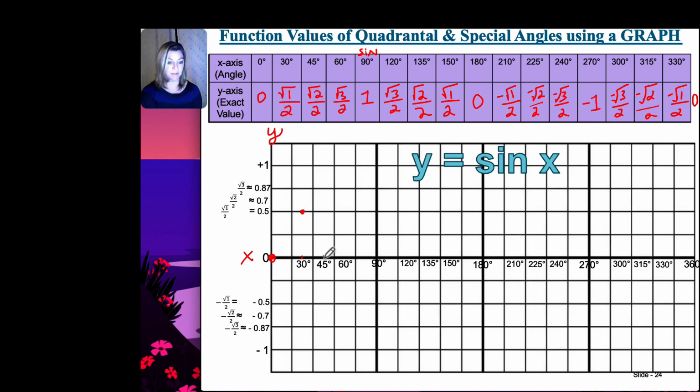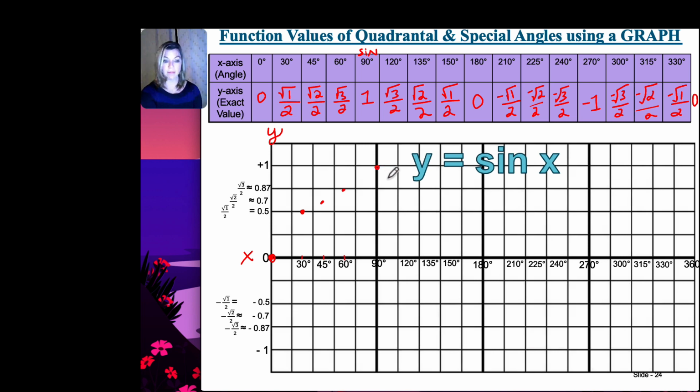Next is 45 degrees. Value is radical 2 over 2, which is approximately 0.7. Next special angle, 60 degrees, has a value of radical 3 over 2, which is approximately 0.87. 90 degrees now has a value of 1.